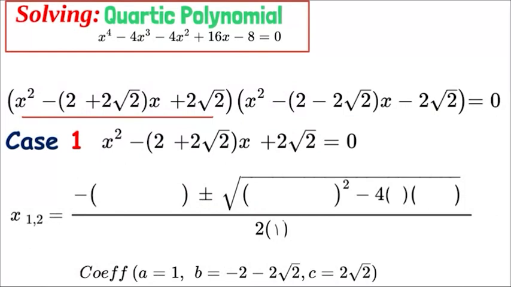So we're going to put in minus 2 root 2, so our B, and minus 2 root 2 all to be squared, 1, 2 root 2 for C, and 1 below there.